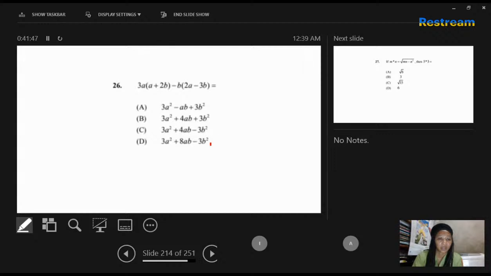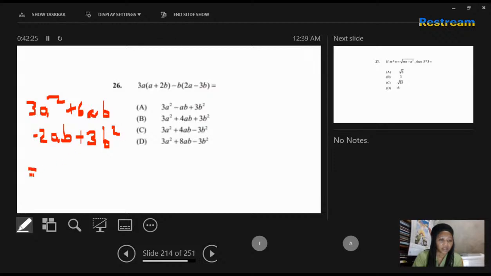Okay. All right, so again, we're expanding the bracket using the distributive law. 3a times a is 3a squared. 3a times 2b is 6ab, and negative b times 2a is minus 2ab, and negative b times negative 3a is positive 3b squared.